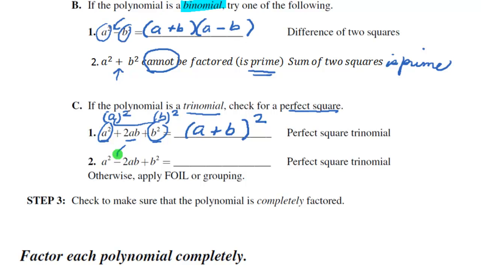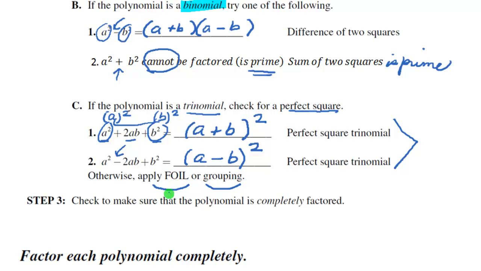Same thing if you have the same pattern but with a negative middle term, then you're going to factor it as a minus b squared. So these are the perfect square trinomials, and we had a video on that. If you haven't watched that, feel free to do that. Now, if your trinomial is not a perfect square trinomial, then we're going to apply foiling or grouping.